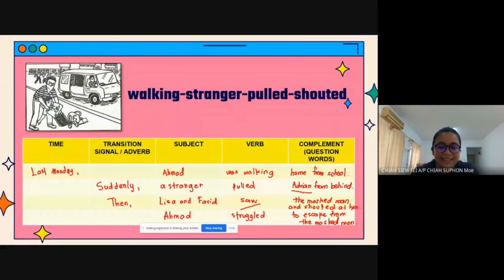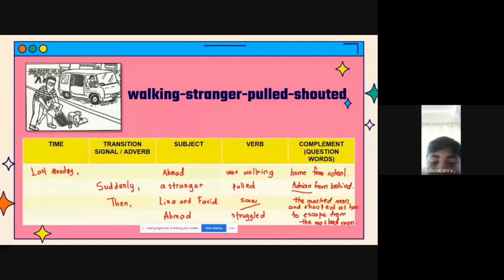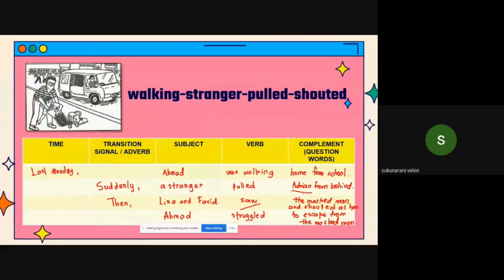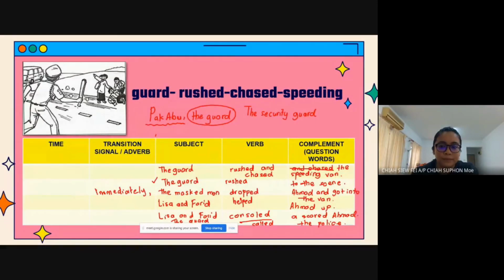Then Lisa and Farid saw the masked man and shouted at him. Ahmad struggled to escape from the masked man. Then the guard rushed and chased the speeding van. Another version: the guard rushed to the scene.